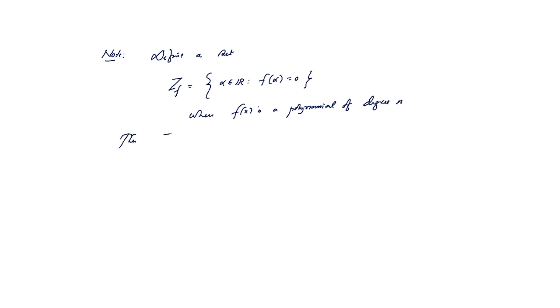This set Z_f is called the set of all zeros of the polynomial f(x). This is very, very important. Now, the next important theorem, this is theorem number 3.